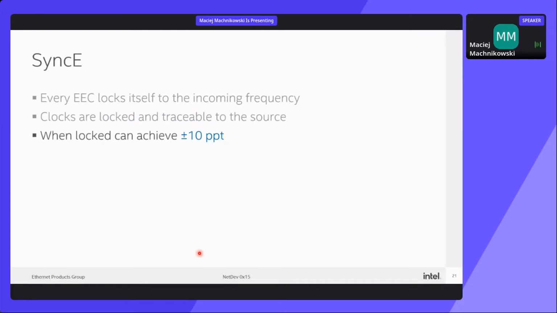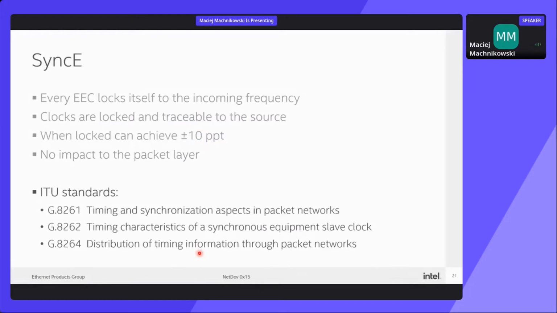And when they are locked, they can achieve very, very high accuracy of plus minus 10 parts per trillion. And it has no impact on the packet layer, and it's covered by a couple of standards, but I won't obviously read them. They're only for reference.